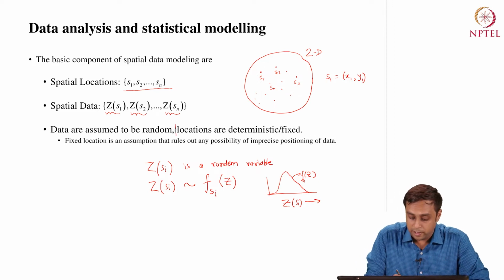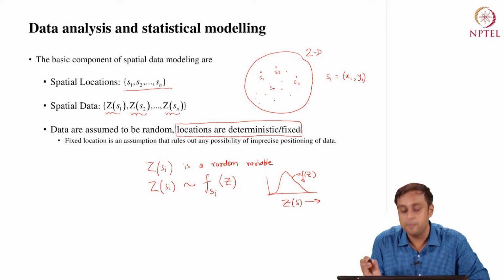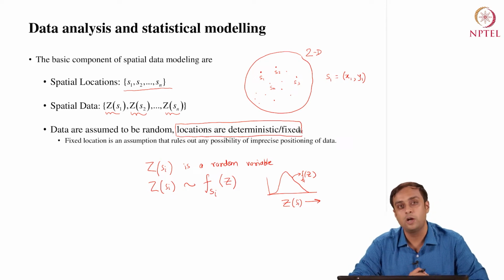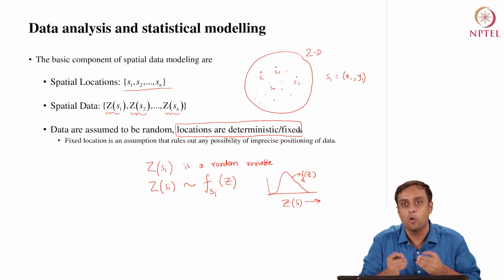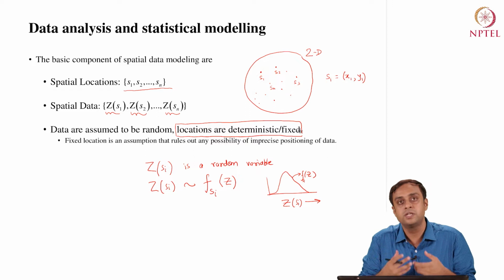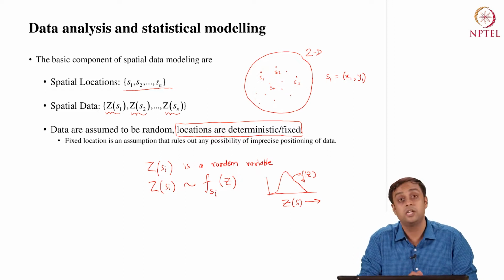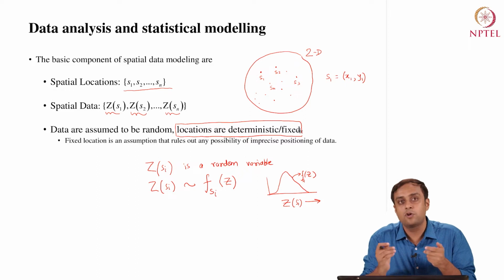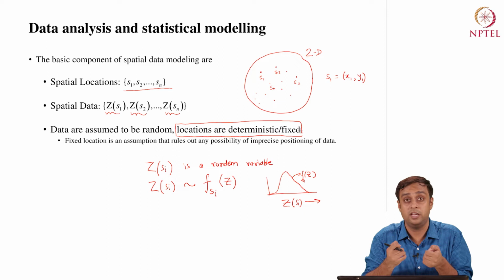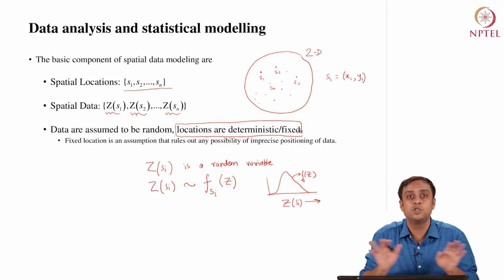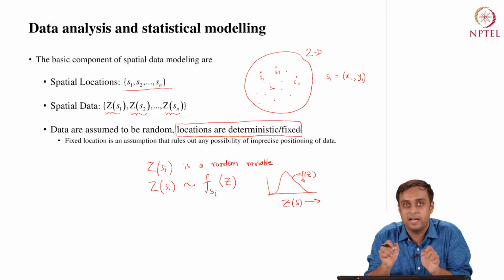Further, and very importantly, for this particular course, we will take locations to be deterministic or fixed. So we do not consider any kind of uncertainty in the location itself. So if we observe, for example, groundwater levels at location S1, we say that groundwater level by itself is a random variable, but the location has no uncertainty, right? It couldn't be S1 plus minus delta, right?